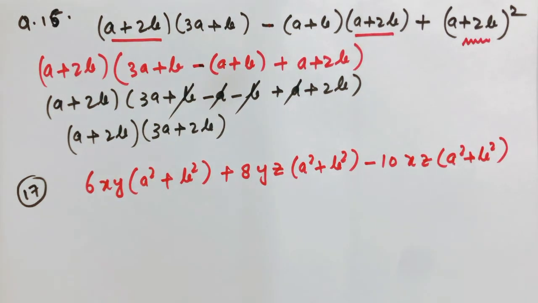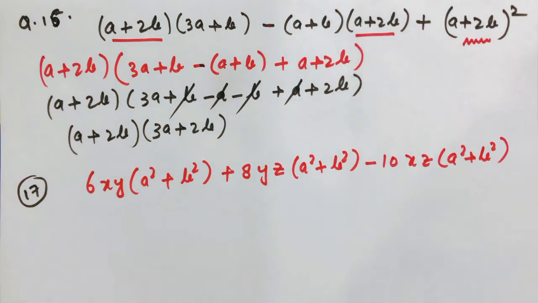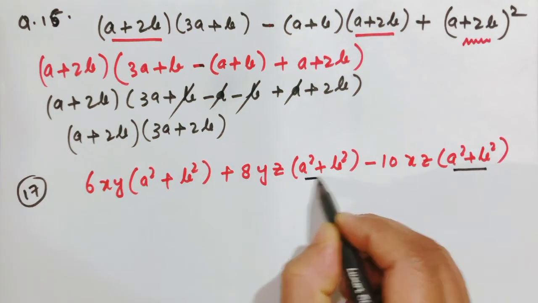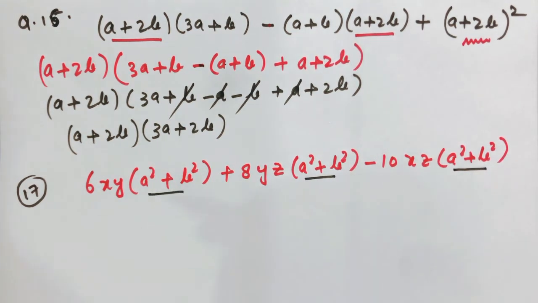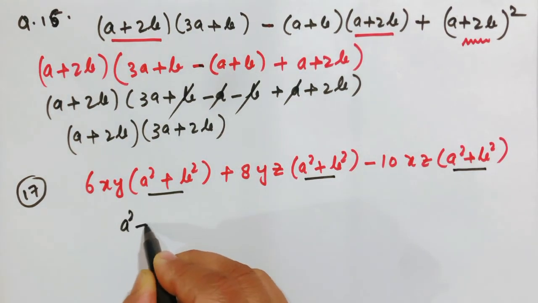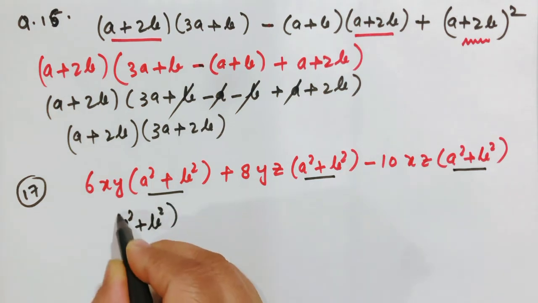So I hope, again, as I told you previously, if your eyesight is proper, you can clearly see that a square plus b square is common. So I will have to extract this a square plus b square first.